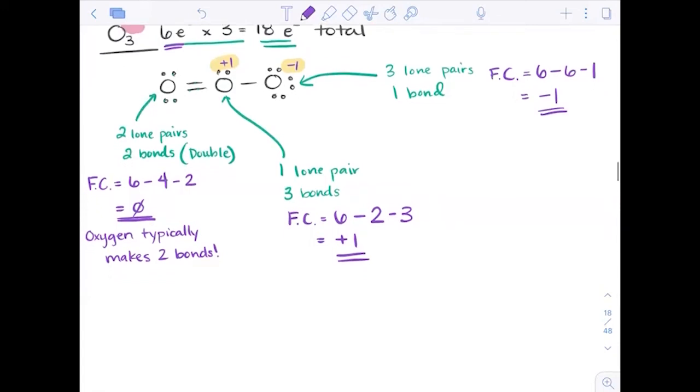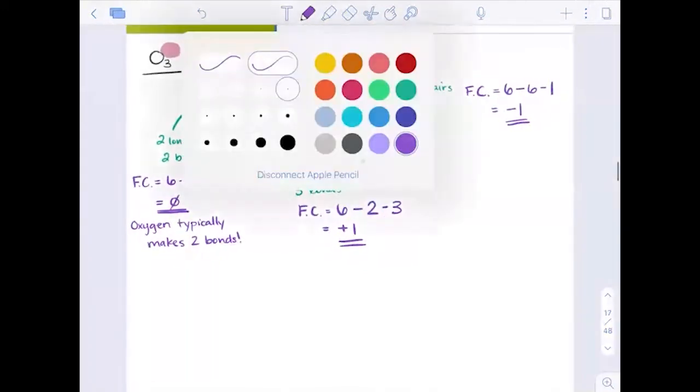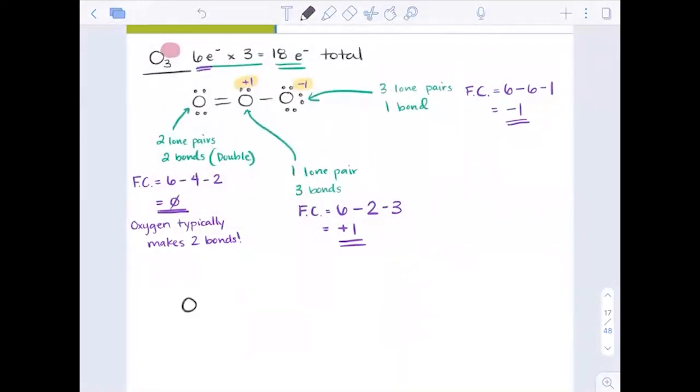So when we're looking at an alternate view of what this molecule could look like, we don't have to write in zeros, thank goodness, but any non-zero formal charge we do have to write in. You can write it on the top, you can write it on the bottom, you can write it on the side.